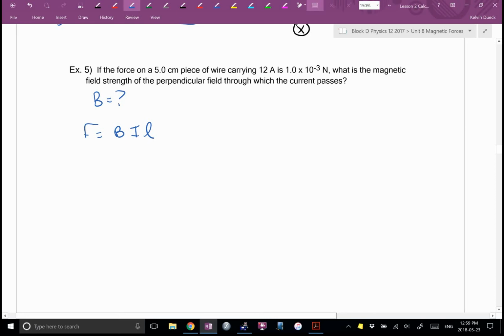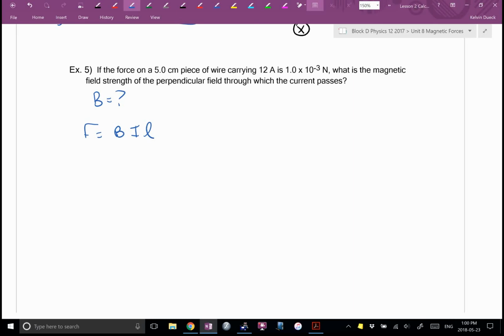We have the magnetic force on a current carrying wire. Which of those is magnetic field strength? What letter? How do I get the B by itself?